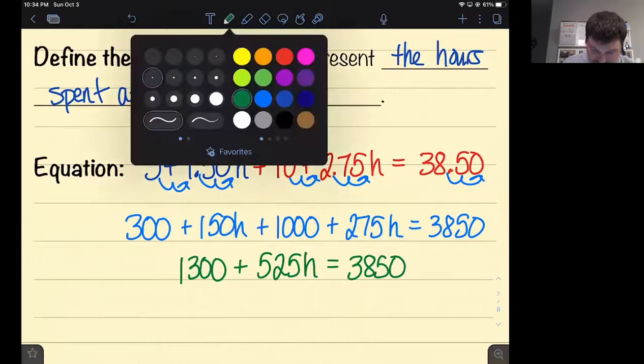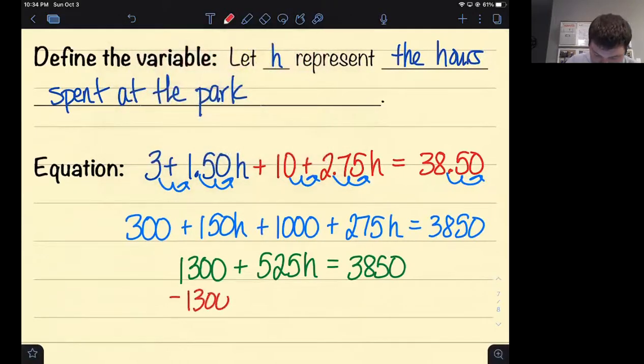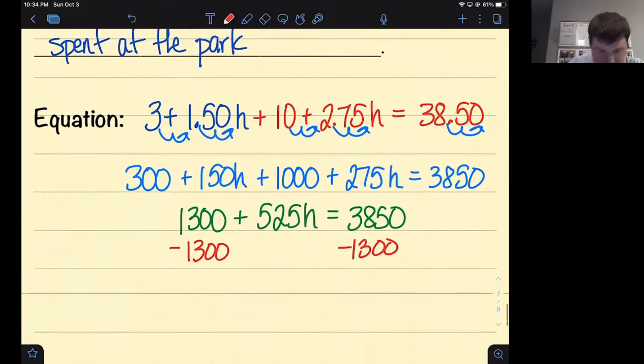I'm going to subtract 1,300 or $13, depending if you're still using the decimal places. Okay, and oops, I did that wrong. 3,850 minus 1,300 should be 2,550 or $25.50 if you're still using decimals, and then divide by 525, and that would give you, whoa, that can't be right.